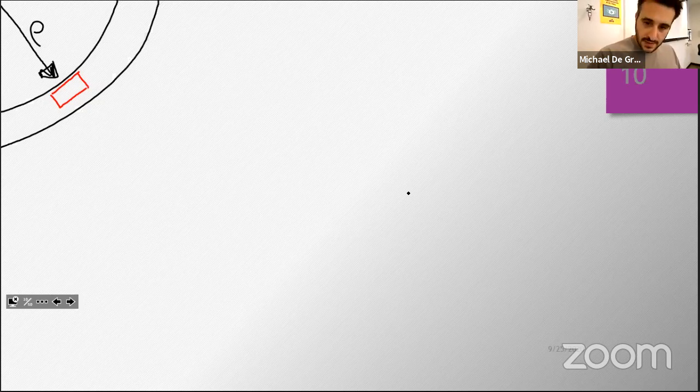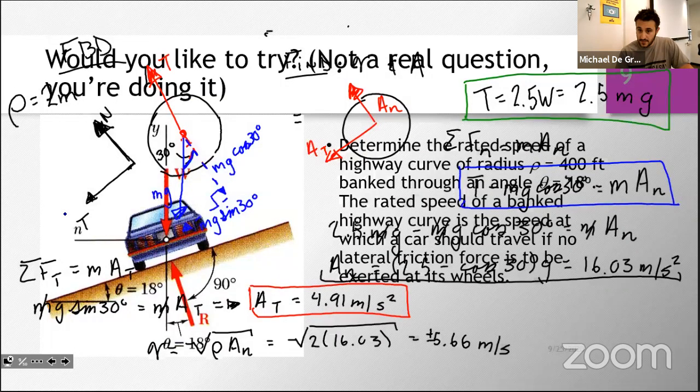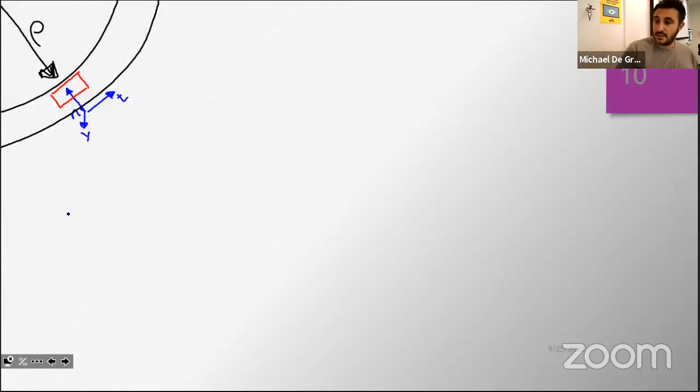If you were looking at this from the top, you'd have tangential, normal, and then y coming towards us. And if we go back and look at this, you'll see that's where this y and this normal force come from. Like I said, we'll talk more about that when you guys come back in the class.